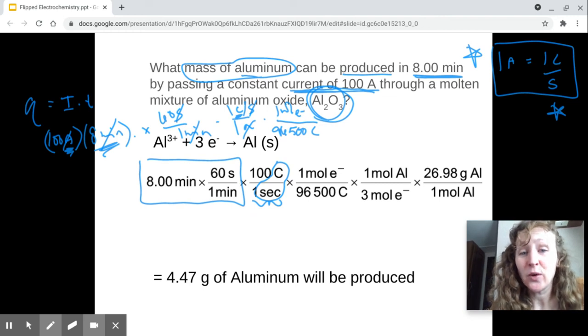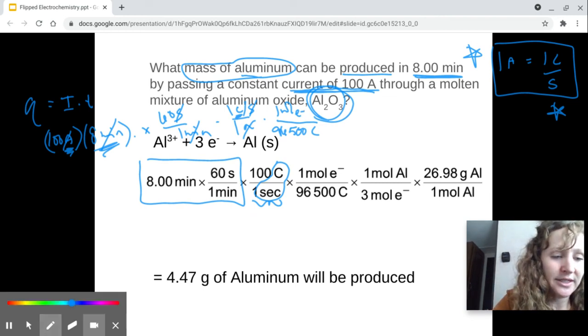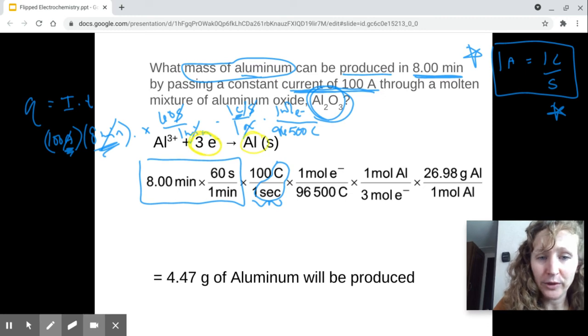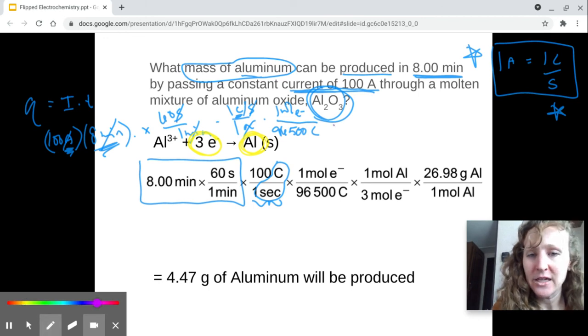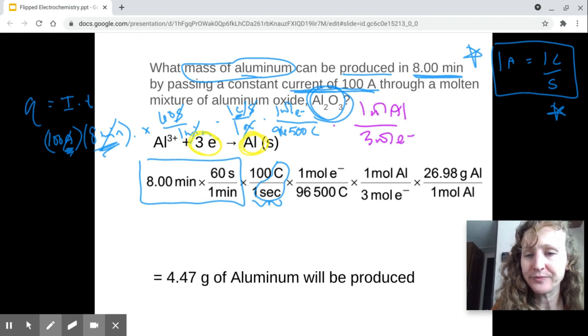If I know how many moles of electrons per aluminum, I can get to the mass of aluminum. So now I'm going to go 3 moles of electrons per 1 mole of aluminum.